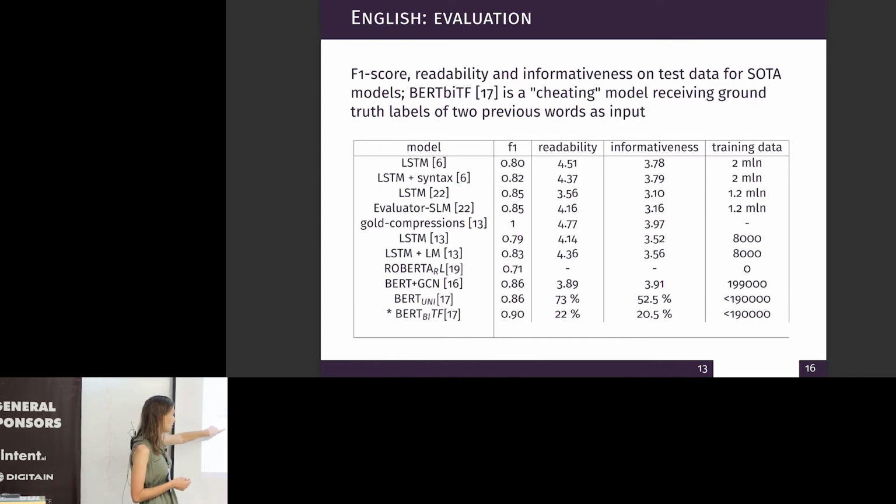That is this LSTM plus language modeling. And you can see that the readability of this approach is relatively high. Unfortunately, as I said, it's not directly comparable to other approaches, because that's human evaluation, but whatever. F measure is not that high, but it's not low either.